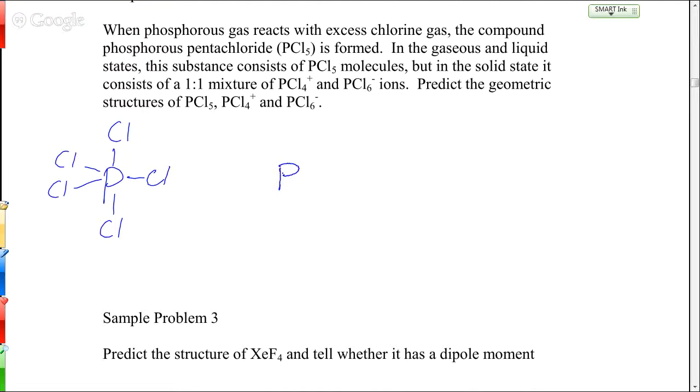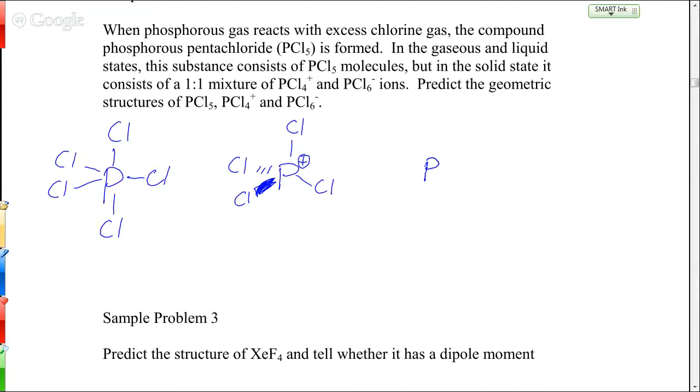Right, so even though we reduce our chlorine by 1, we don't have a lone pair to put there. So that's why it's important to actually build the Lewis structure rather than just assuming or trying to guess. PCl4 plus ends up being a tetrahedral structure.